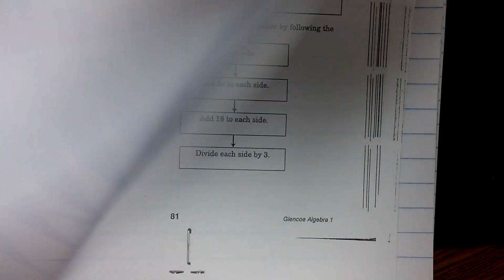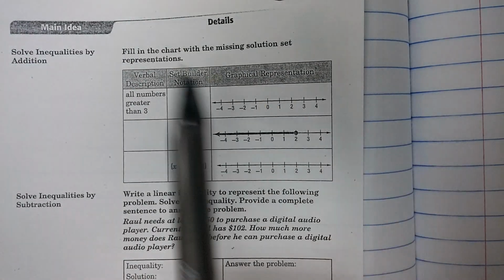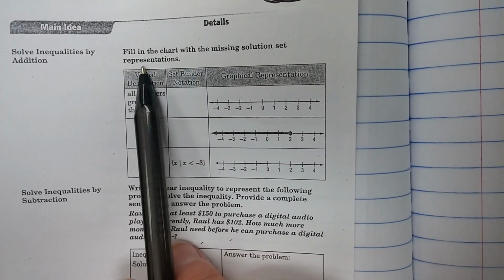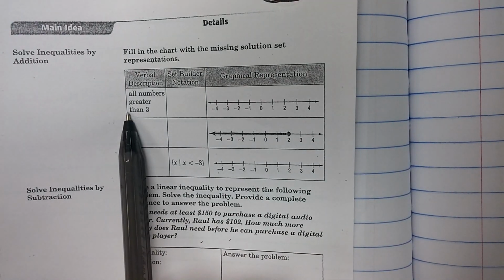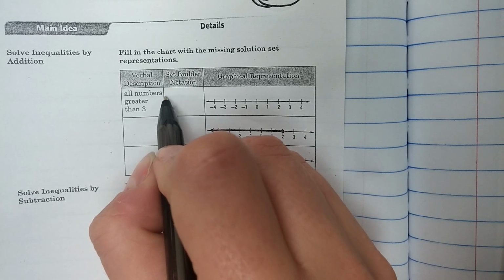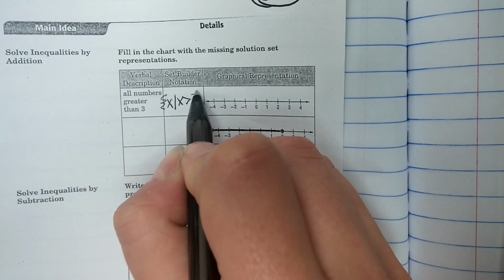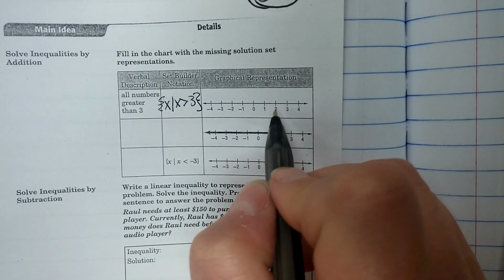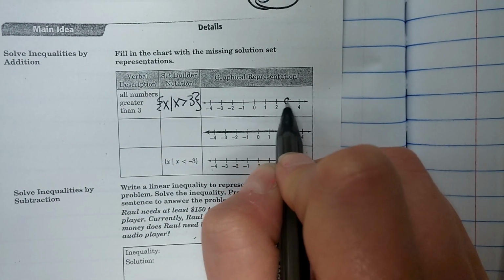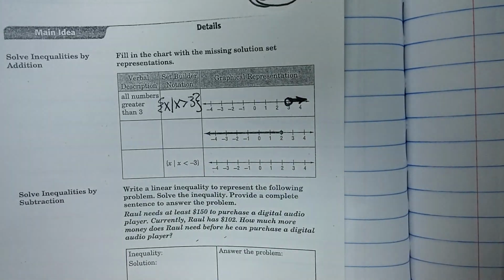All right, turning the page. So quickly solving here. First one, it says fill in the chart with the missing solution representations, all numbers greater than 3. So set builder notation would be x such that x is greater than 3. So we have all numbers greater than 3, open dot on 3, all numbers greater than 3 is to the right.